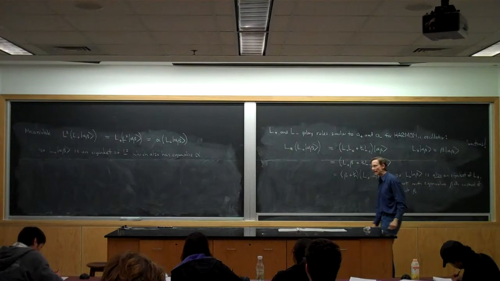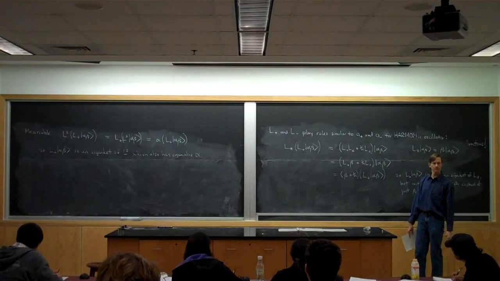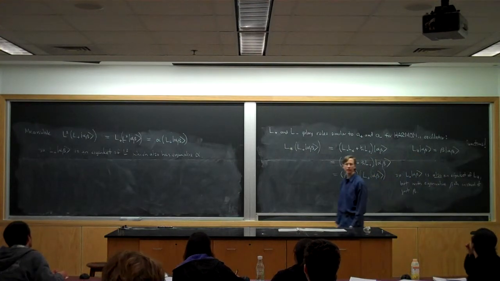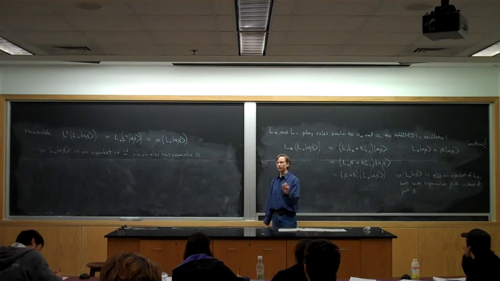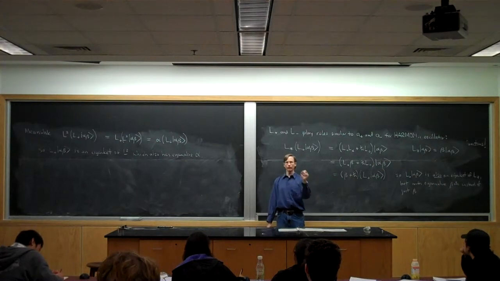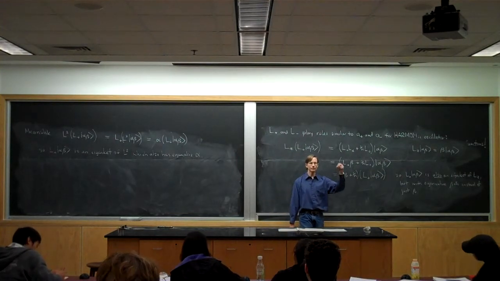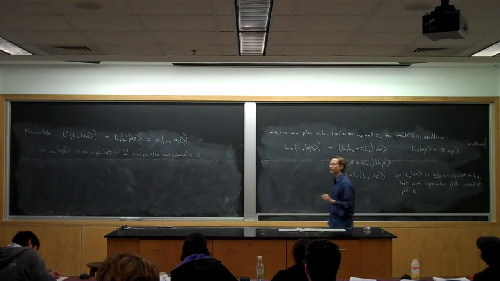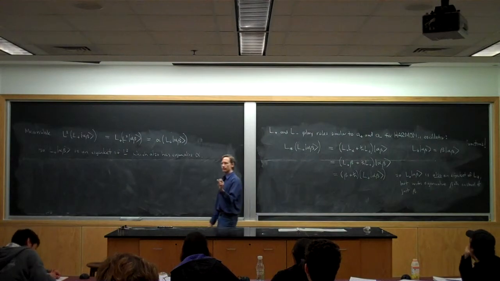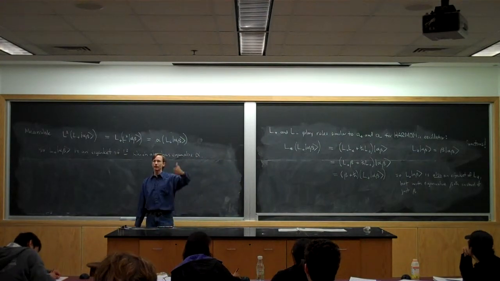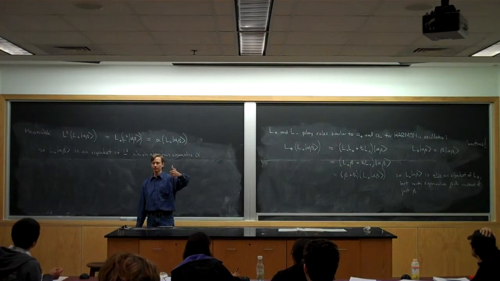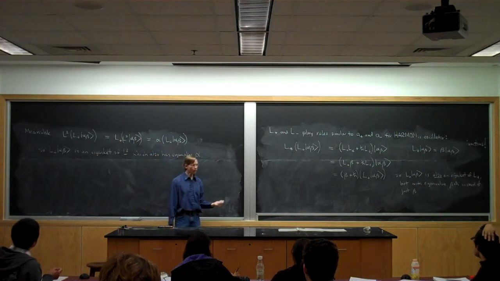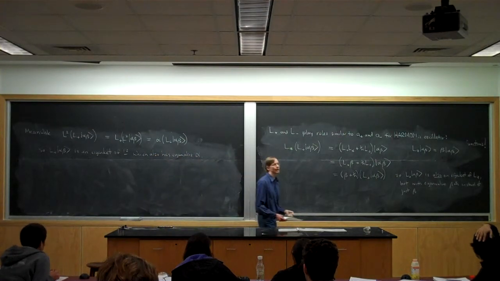The eigenvalue of L squared isn't changed by smacking alpha beta with L plus. So L plus leaves alpha alone, but raises beta by h bar. That's what L plus does. It makes a new state where the z component of the angular momentum hops up by h bar, whereas the total angular momentum squared doesn't go anywhere.